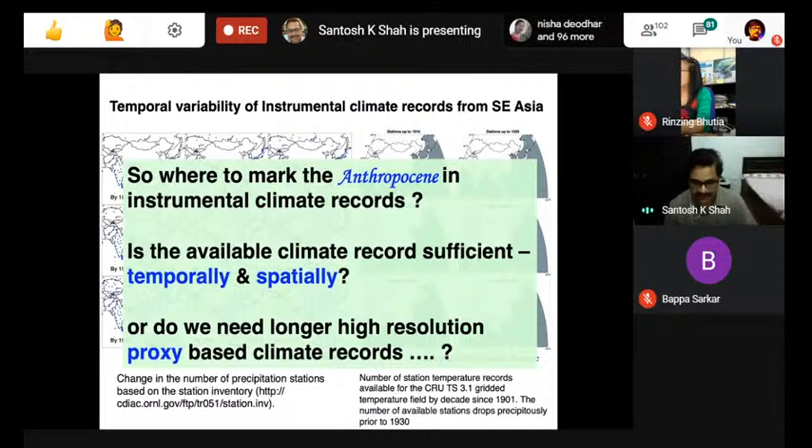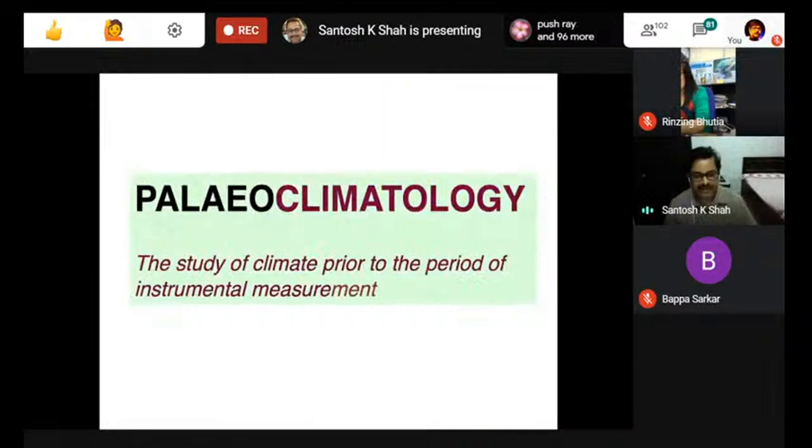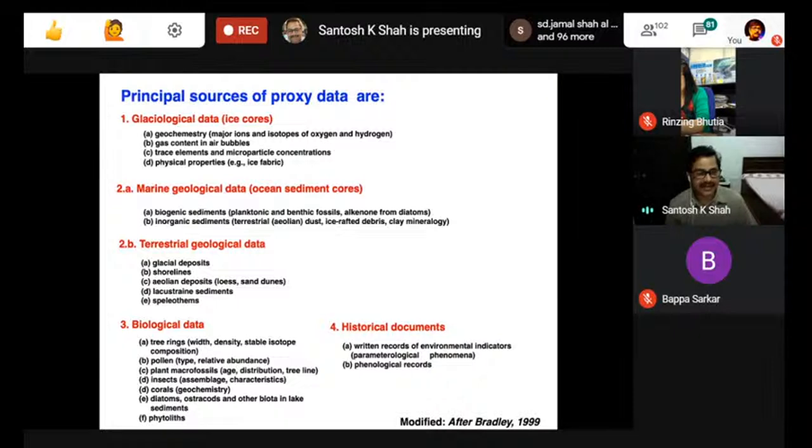Now, if you want to study proxy-based climate records, here comes the subject called paleoclimatology. Paleoclimatology is the study of climate prior to the period of instrumental measurement. There are various kinds of sources to study proxy data, like glaciological data, marine geological, terrestrial geological, biological data, historical data: tree rings, pollen, microfossils, insects, corals, diatoms, phytoliths, and most of the glacial study.